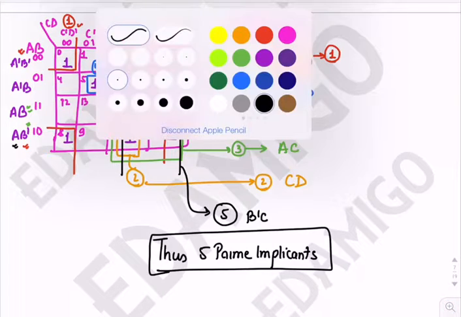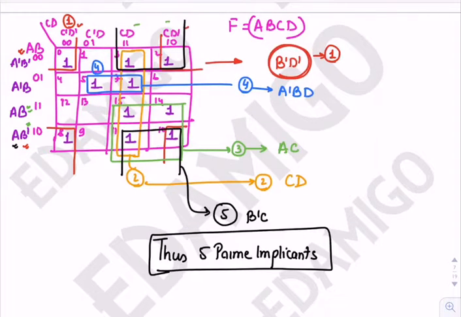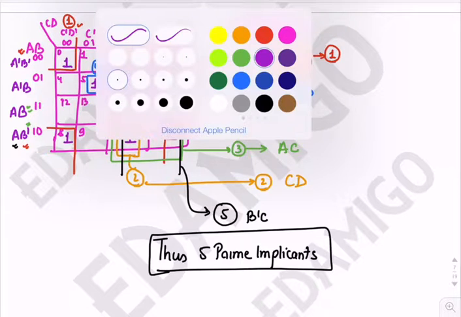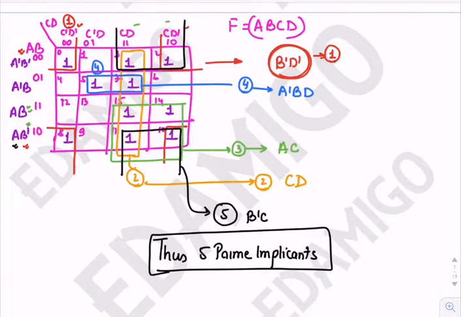Now, to find the essential prime implicants, we have to find the min terms which are exclusively covered by only one prime implicant. The min terms which are encircled by only one colored square are exclusive. The zeroth min term is covered by only the red square, so it is exclusive.